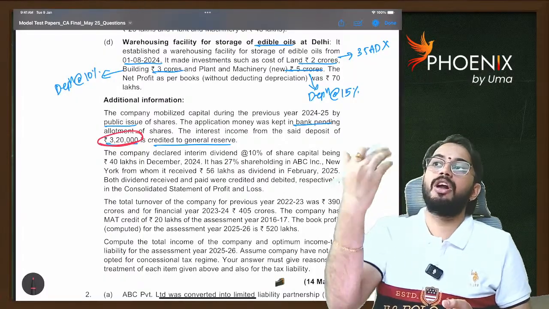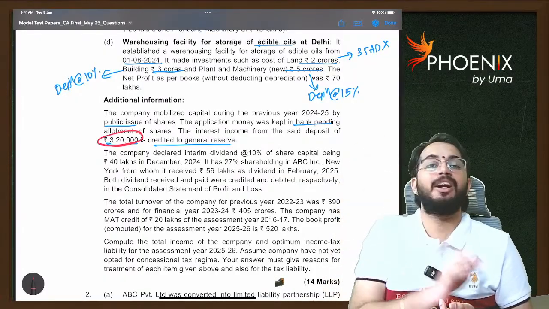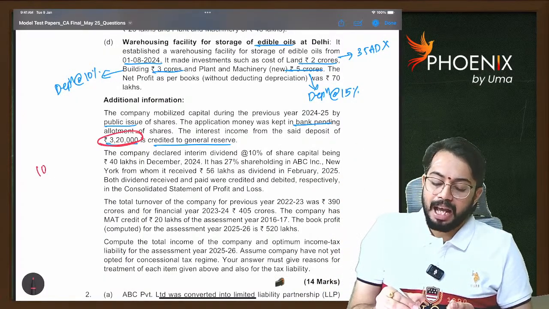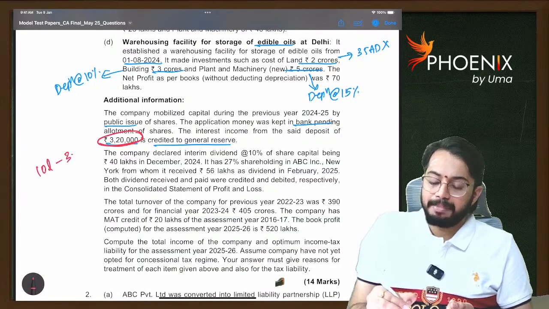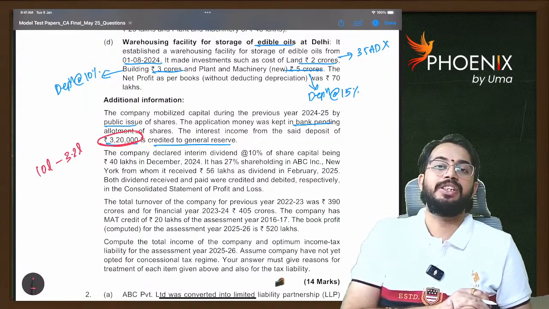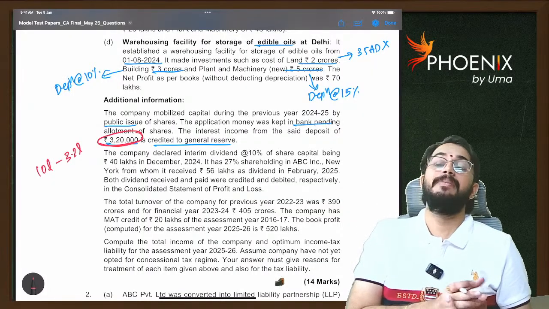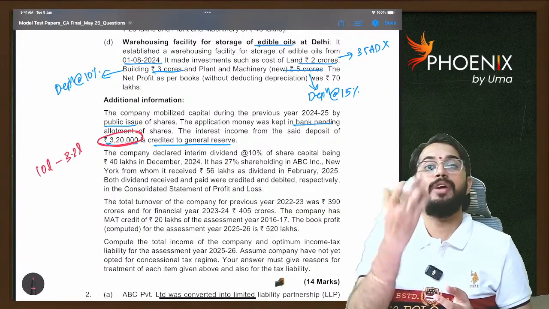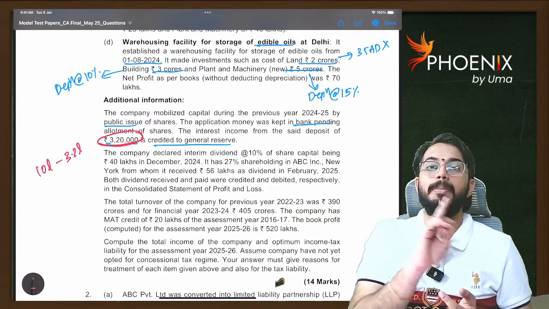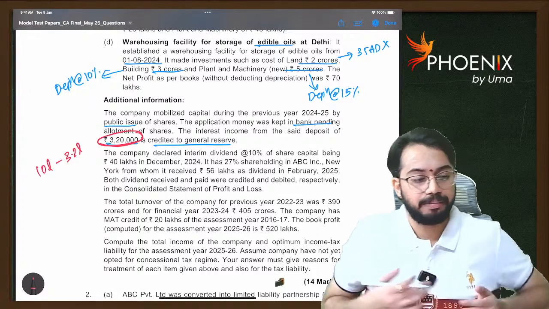Let's say tomorrow for issuing shares I incurred 10 lakh rupees expenditure. From the 10 lakh rupees expenditure I will claim 3,20,000 as deduction. So whatever income received, 3,20,000, can be reduced from share issue expenses. Okay, that should not be credited to the P&L account.